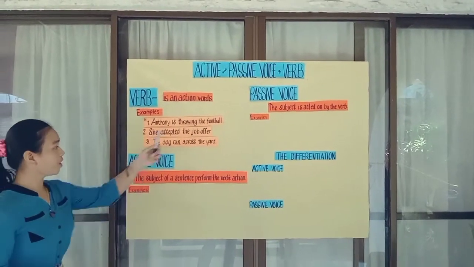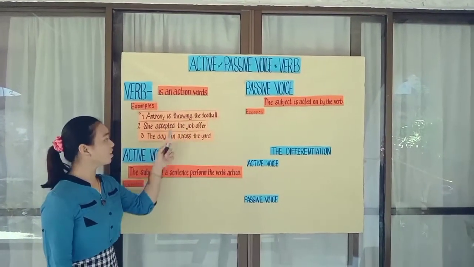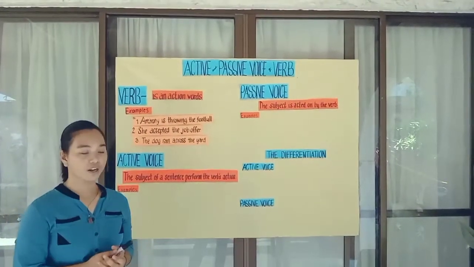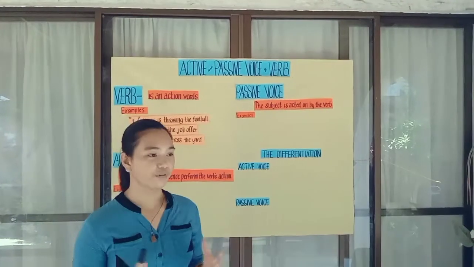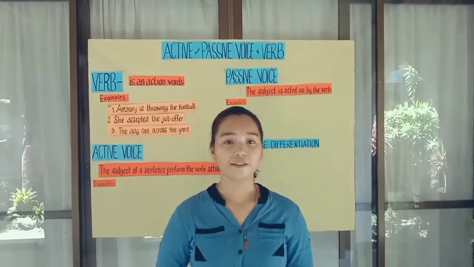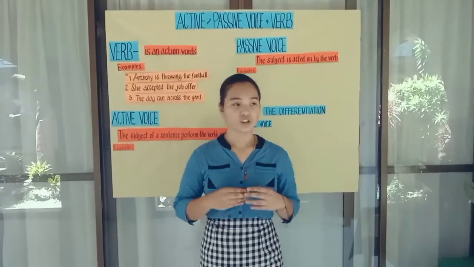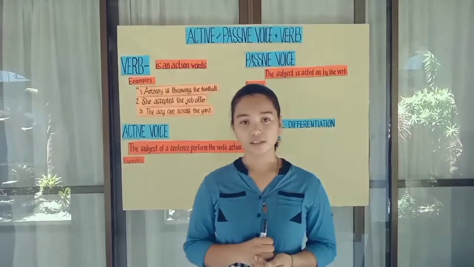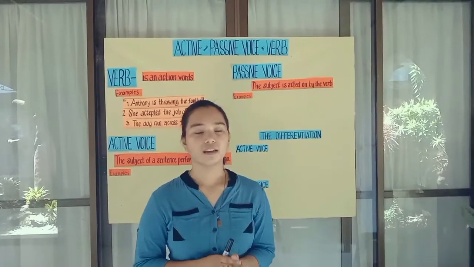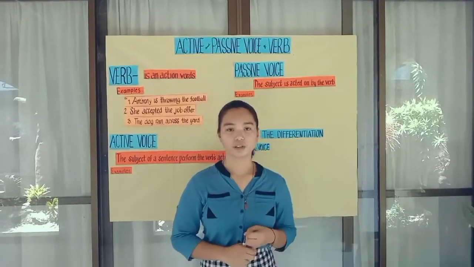These three sentences that I underlined are the action words, or what we call the verb. Am I clear? In English grammar, a verb has five properties, which are voice, tense, mode, person, and number.